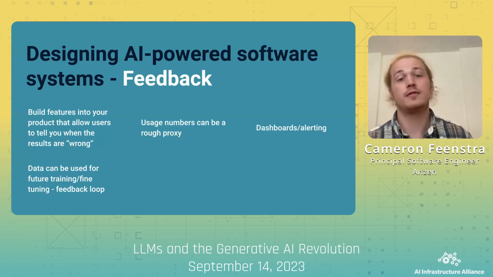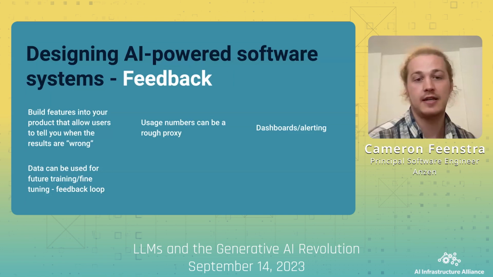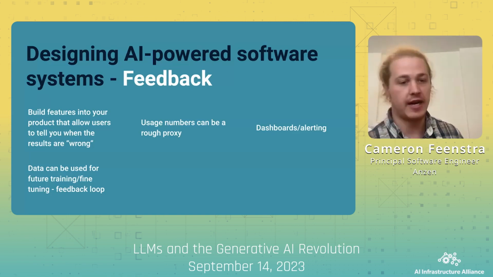Now, if your software system is almost entirely this AI product and doesn't have a lot of features, you might be able to use usage numbers as some kind of rough proxy, but ideally you do have a first-class monitor feedback feature of some kind.